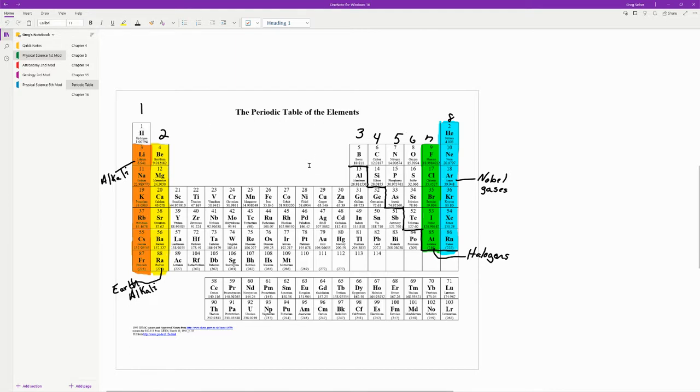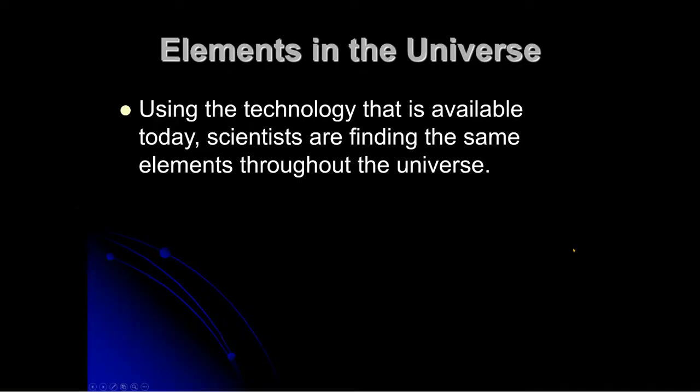And what do you think are the most plentiful elements in the world? Well, hydrogen and helium. So we believe that all this combination down here, according to the Big Bang, were formed from hydrogen and helium originally. So, using the technology that is available today, scientists are finding the same elements throughout the universe.